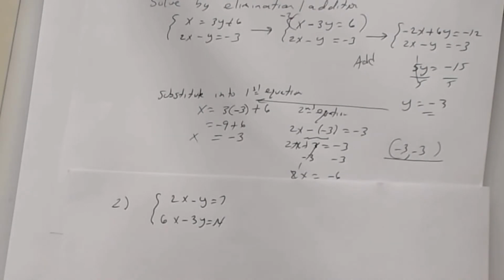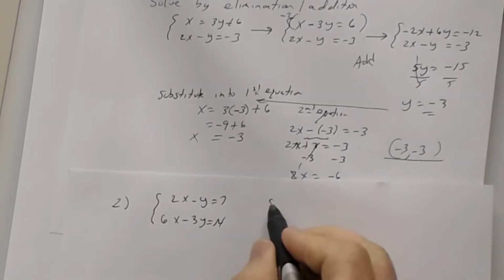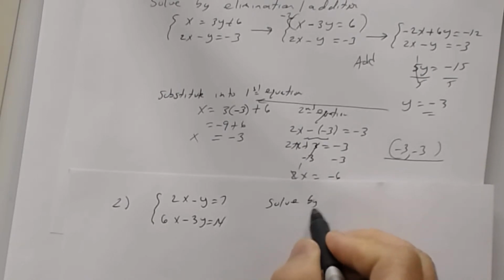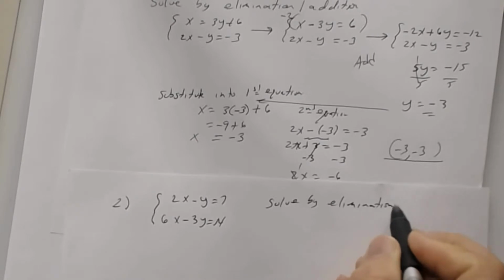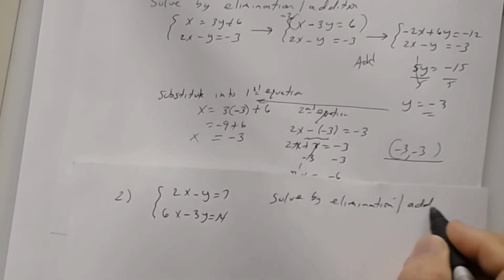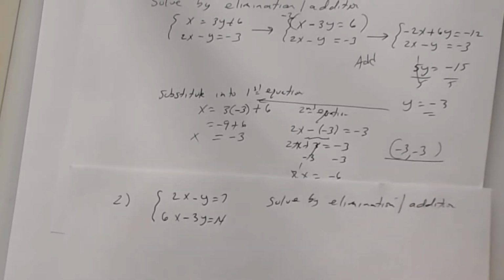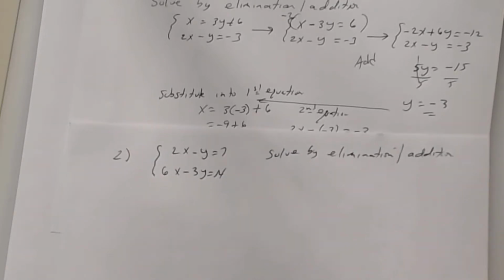Let's just go ahead and do this one by elimination / addition. So solve by elimination / addition. All right. So again, when solving by elimination / addition, the variables have to be aligned. So the variables aligned here.